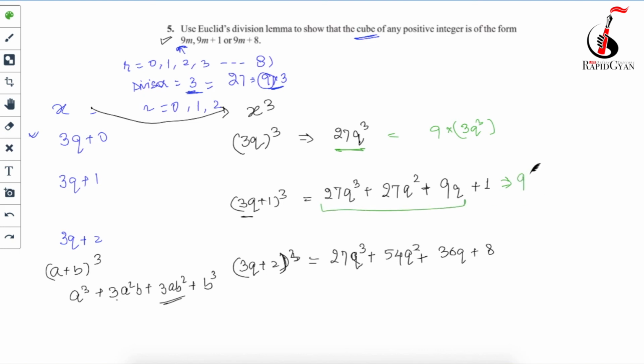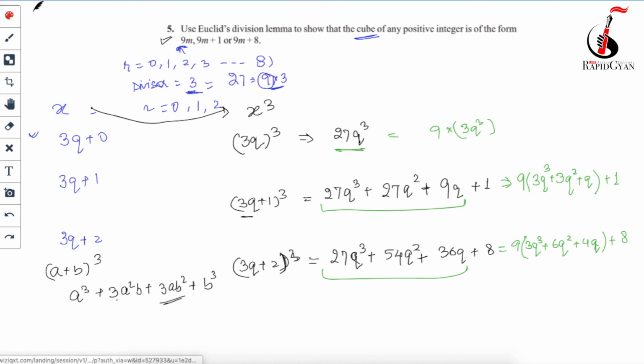So if I take 9 common, what will I get? 3q cube plus 3q square plus q, and then plus 1. And in the last one, again I can take 9 common from the first 3 expressions, so I will get 3q cube plus 6q square plus 4q and plus 8.